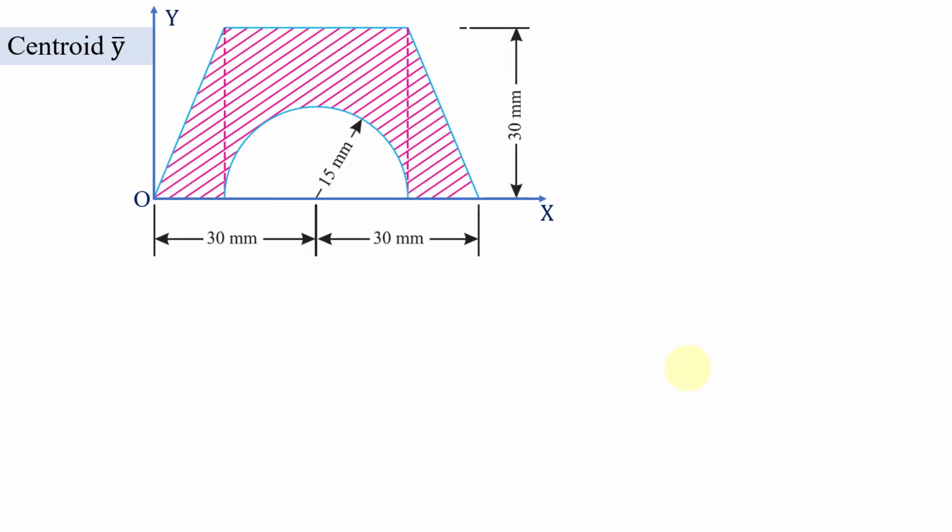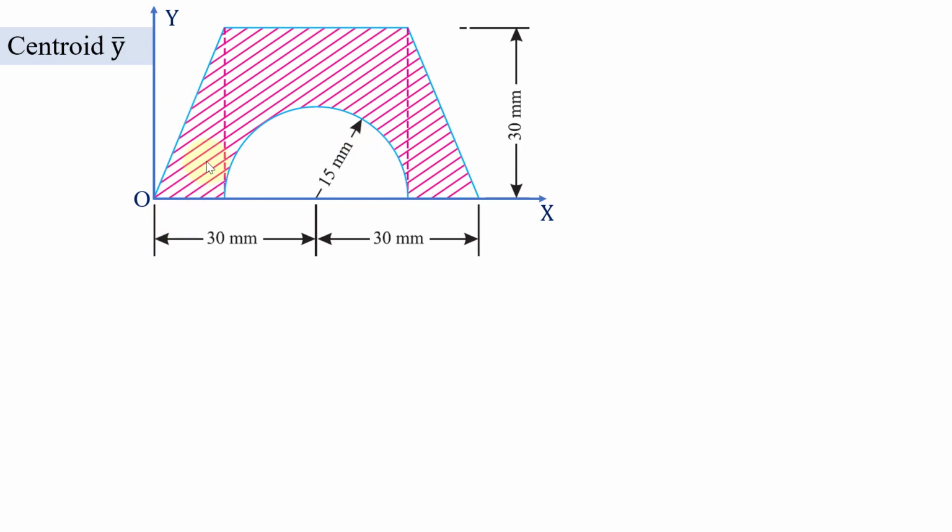Now we are going to calculate the centroid about the OX axis, that is the y bar value of the given geometry. Let us see how to find that out. So we are going to divide the irregular shape into a number of basic primitives. Let us see what those are.